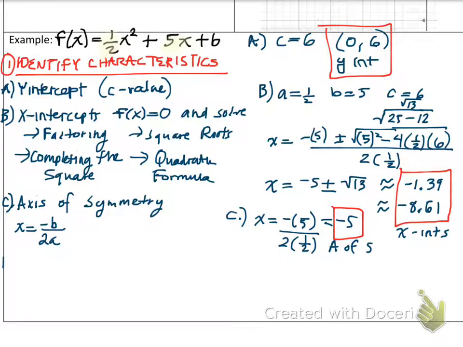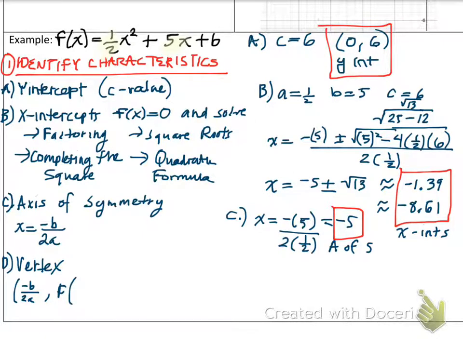Okay, so the last characteristic we need to find is the vertex. We've actually already found the first half of the vertex, because the x value of your vertex is always the same as your axis of symmetry, so it's negative b over 2a. Then we'll need to plug that value in for x in our equation in order to find the y value.